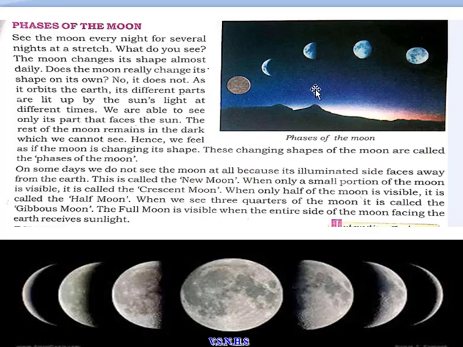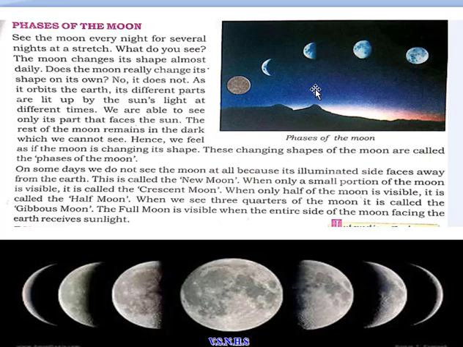So due to these revolutions, the sun fails to light the moon's whole surface all the time.